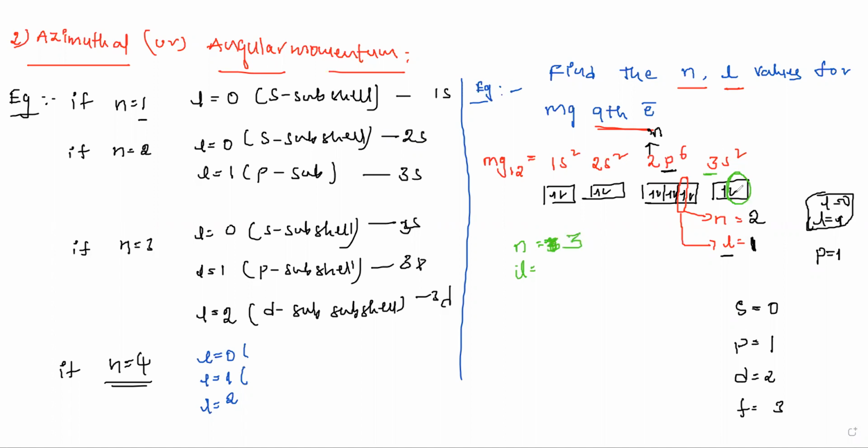And this last electron is present in the s subshell. If it were the f subshell, what would its angular momentum or azimuthal quantum number value be? 3. Here, it is 0. Any doubts, identify the principal quantum number value and azimuthal quantum number value from the electronic configuration. They may ask any particular example.